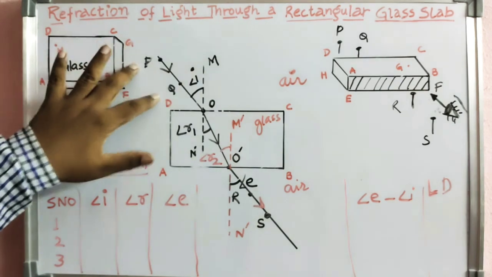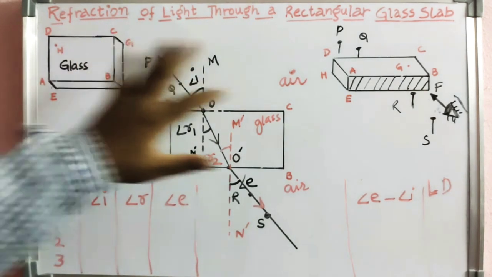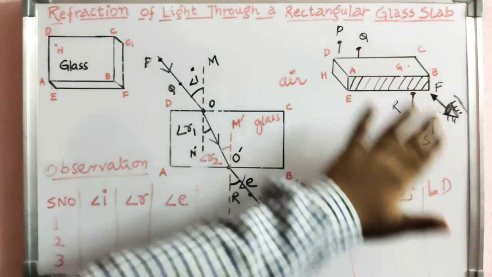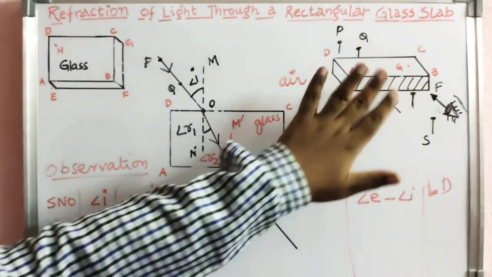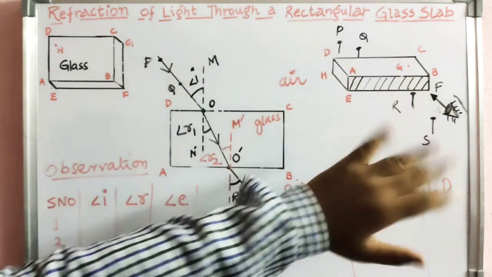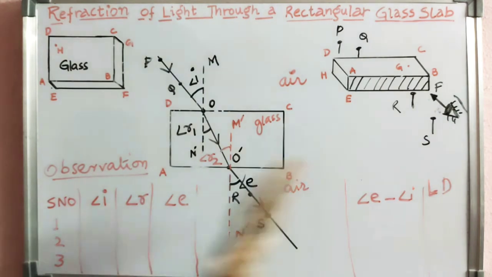To judge better, you have to see from this side and say whether these pins are in a straight line or not. So keep the distance more than 3 centimeters.